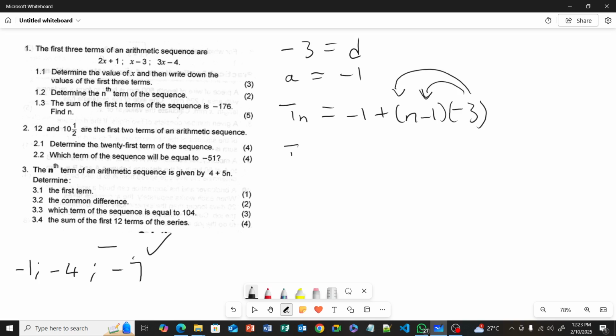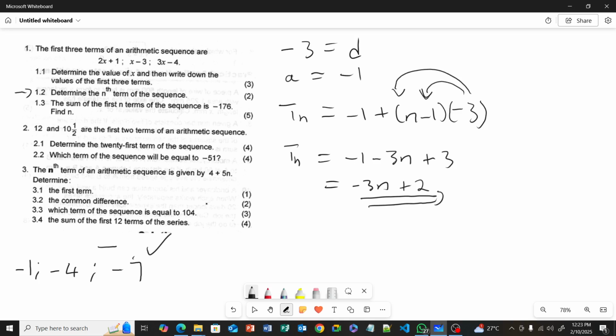So Tn is now going to be minus 1 minus 3n plus 3, which is equal to minus 3n plus 2. Now this is a formula to determine any term of the sequence, the nth term.